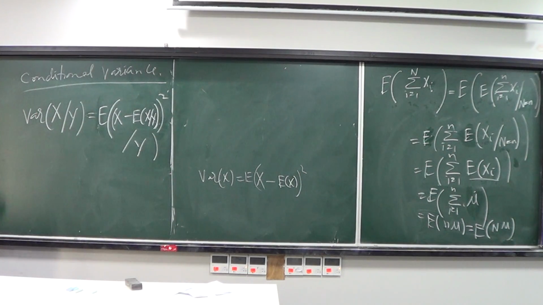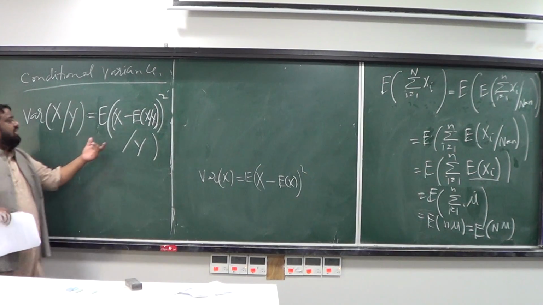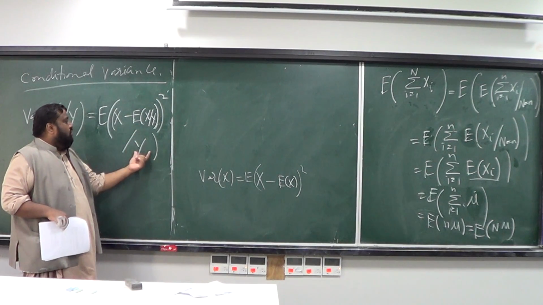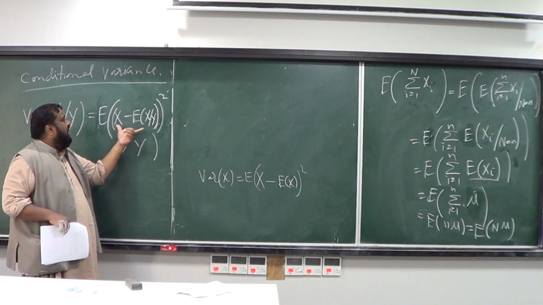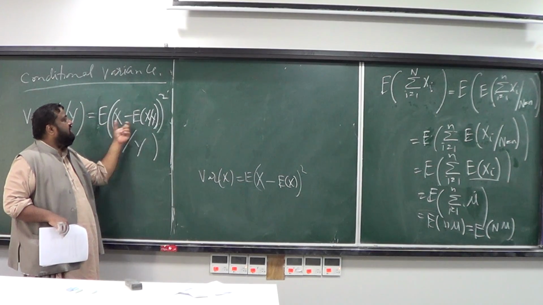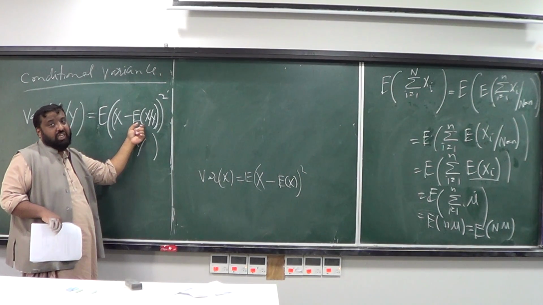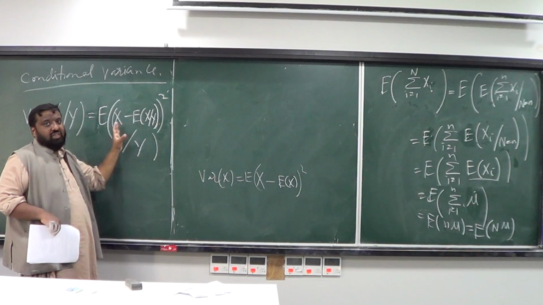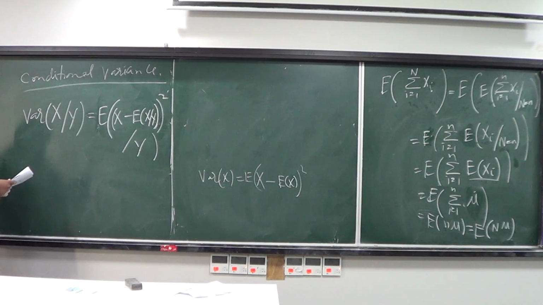Given y is important. In other words, if you know y, on average, how much is x varying from the conditional expectation. This is what should be the definition of the variance of x given y.